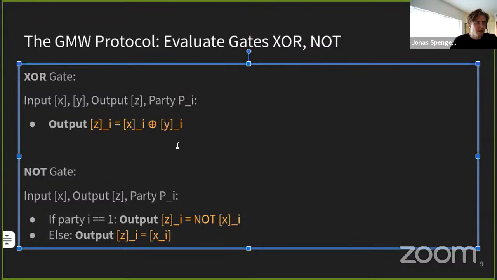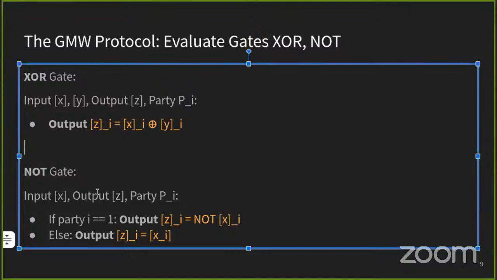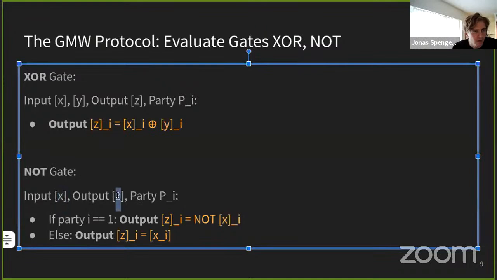So that's pretty easy to do. And as I said, no interaction. For the NOT gate, we do it somewhat similarly. So here we have input X and we want to output Z as not X. All parties can use their value of the X share as their new value of the Z share, except for one predetermined party, for example party 1, which can just take the value of not X as its new Z share.